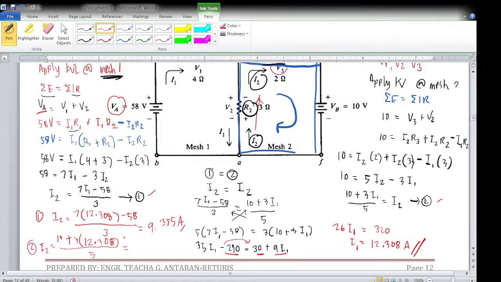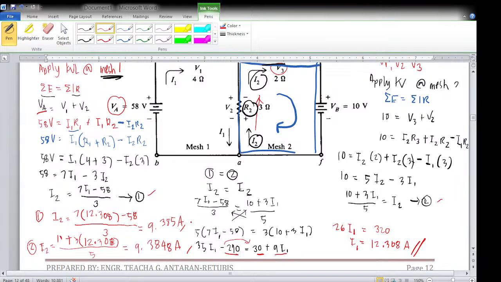So, 10 plus 3 times 12.308 over 5 is 9.3848. Same lang, ma'am? Same lang, may slight difference lang sa decimal. Pero parehas din sila. So again, any of the equations.